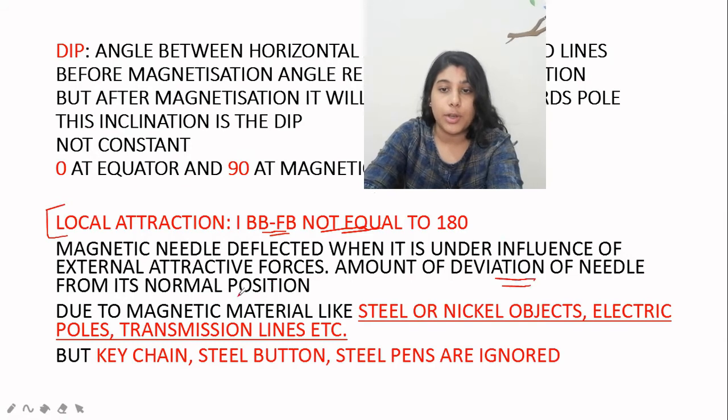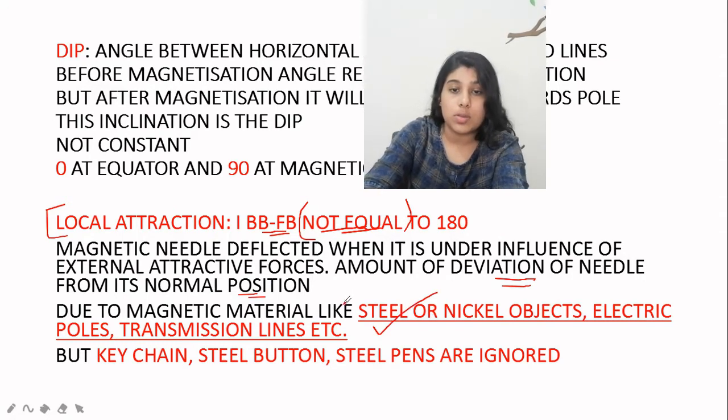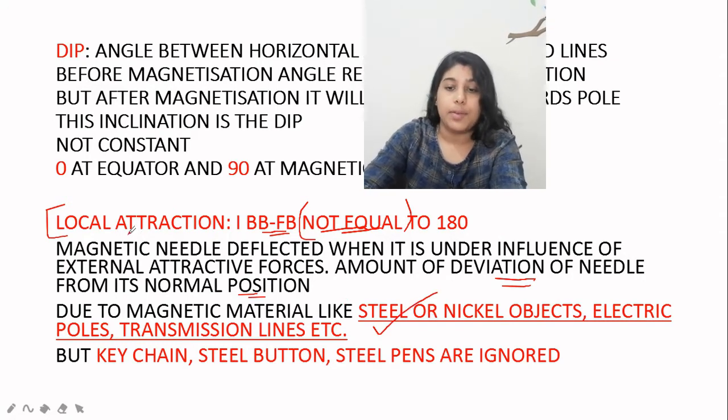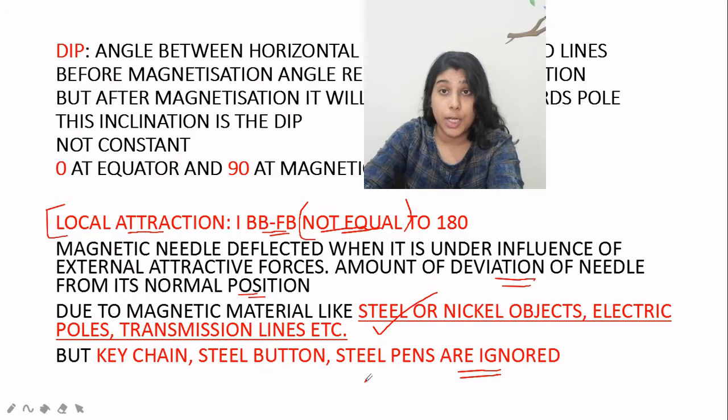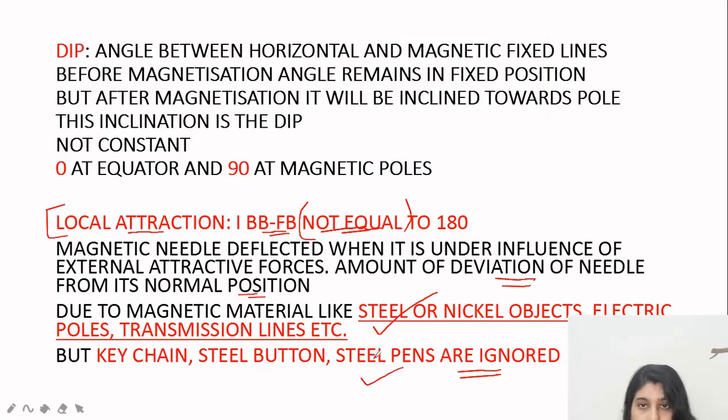Steel or nickel objects, electric poles, transmission lines, etc. will influence the magnetic attraction. That process is called local attraction. Things that are not affected are the keychain, steel buttons, steel pens. These can be asked as different MCQs, which affect and which do not affect.